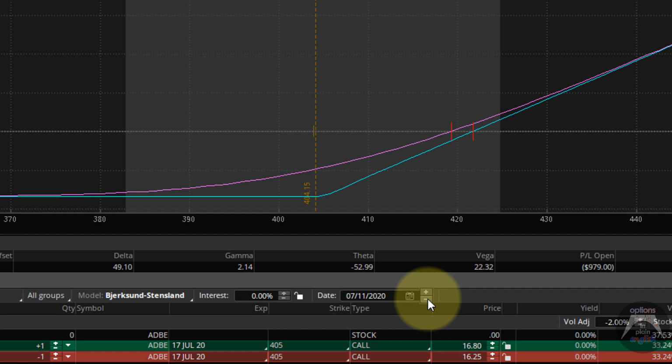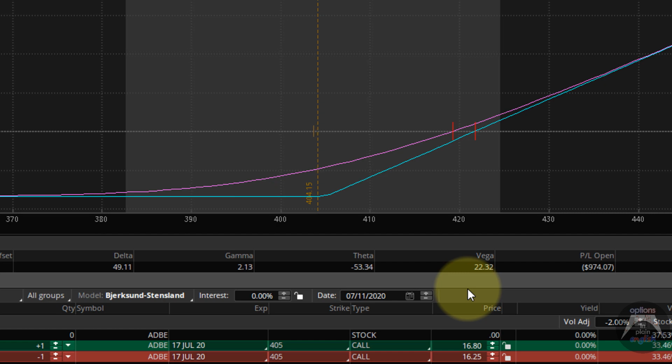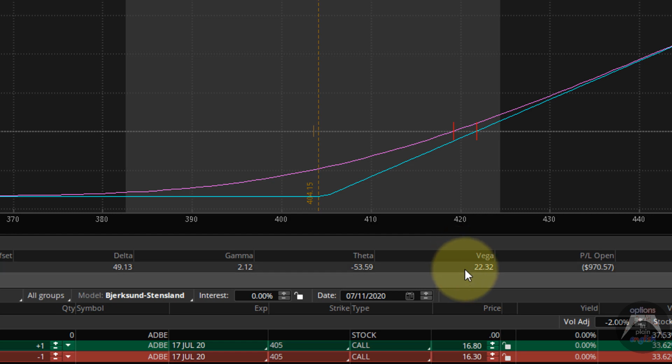So if you want to have a big exposure to Vega, you should have options that have a longer duration than the shorter durations that you should look for if you don't care about Vega, because in the shorter durations, Vega almost plays no part in the pricing of options.